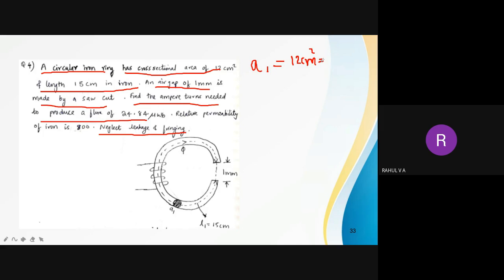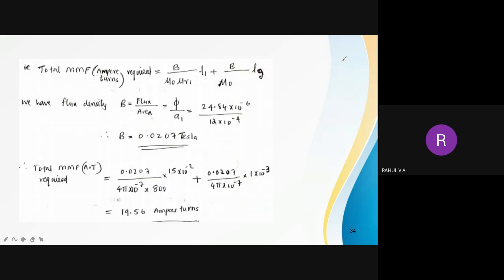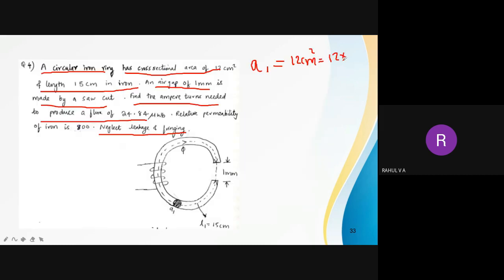Immediately after writing 12 centimeter square, we should convert centimeter square into meter square. So how much meter square? 12 into 10 raised to minus 4 meter square.